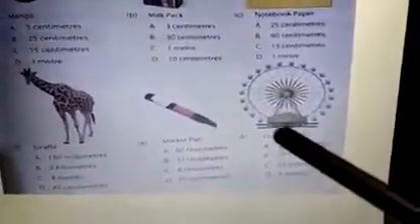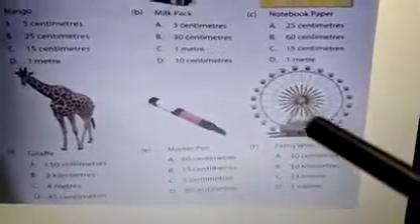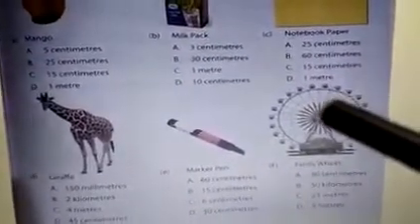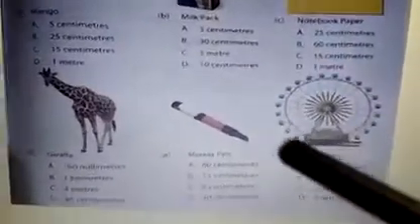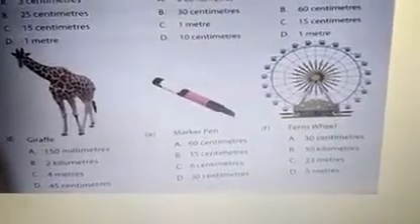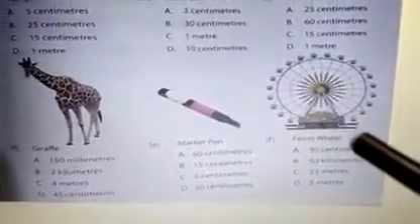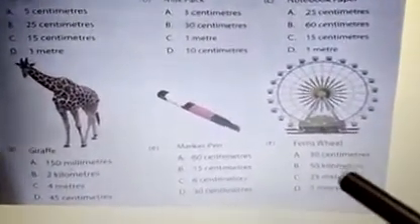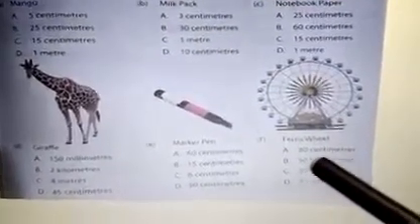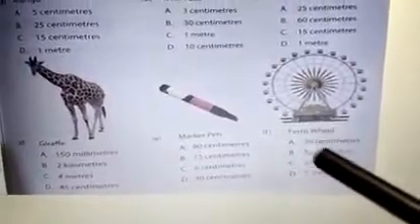Last is Ferris wheel. Ferris wheel is very big. In the fair, you must have seen the Ferris wheel. It's something very big. So look at the units. Centimeter cannot be possible. Next, 50 kilometer. It is too much. No, it can't be. Next is 23 meter.